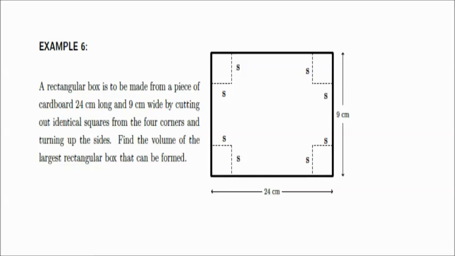So just imagine. What we are asked to find is the volume of the largest rectangular box that can be formed. If it is the largest, it means we are getting the maximum. The maximum volume that can possibly be made here.